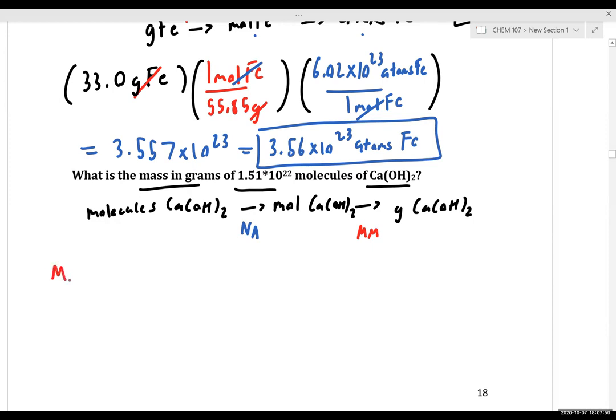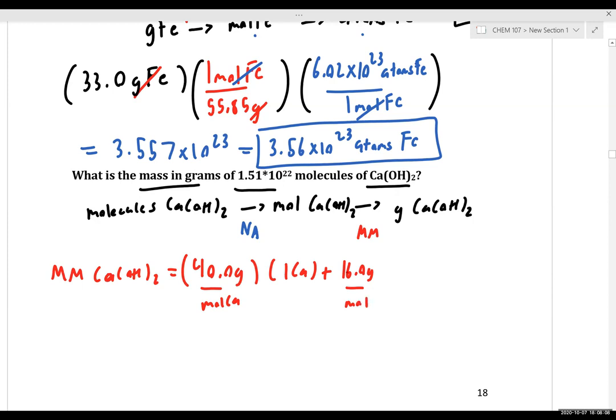So let's calculate the molar mass of calcium hydroxide. So we take the mass of calcium, which is 40.0 gram per mole. We have 1 calcium atom, plus the mass of oxygen, which is 16.0 gram per mole. And we know in this case, we have 2 oxygen atoms.